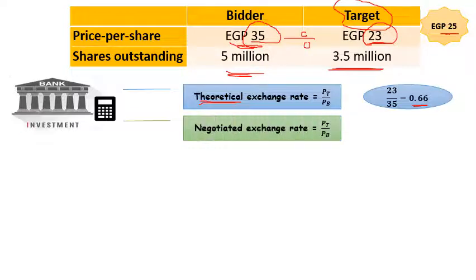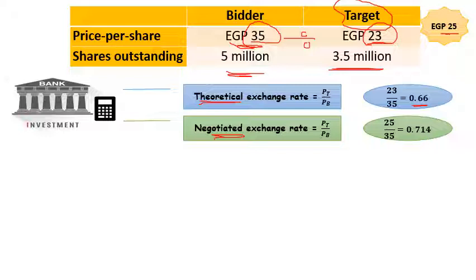So there will be another exchange ratio called the negotiated exchange ratio, at which the investment bank will divide the negotiated price for each share of the target company by the market price of the bidder shares.